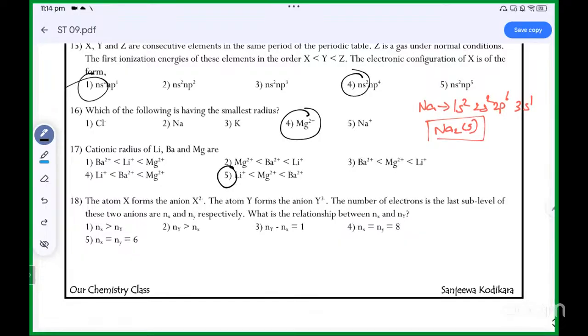Last one. The atom X forms anion X2 minus. Atom Y forms Y3 minus. The number of electrons in the last sublevel of these two anions are NX and NY.